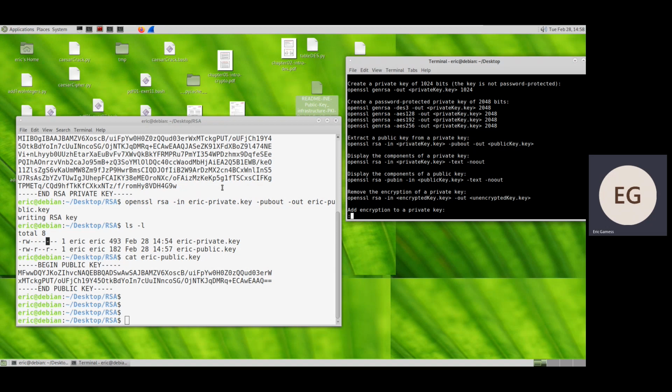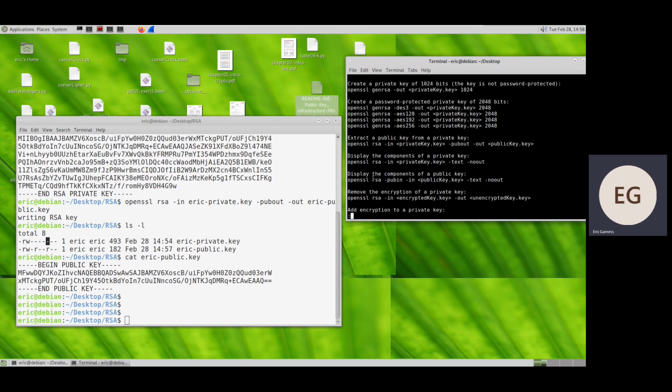The modulus n, which is the product of two big prime numbers, and the public exponent. The public exponent is 65,537. So there is a way that I can tell OpenSSL, please show me the content of my public key in a way that I can see it easily.